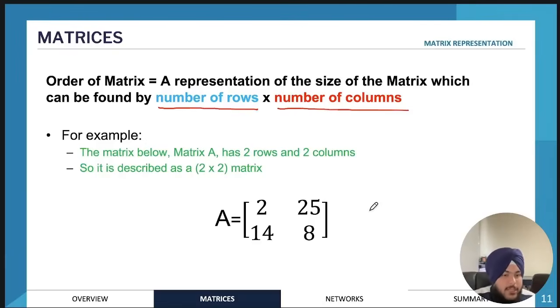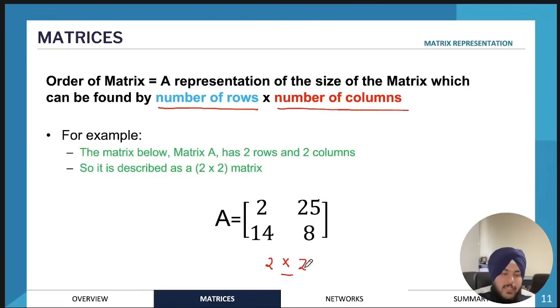So for example, in this matrix over here, which is the exact same matrix, if we were asked to find the order of this matrix, all we would need to do is write down the number of rows. This contains 2 rows, and then, not multiply that, but it's just a symbol that we use, by the number of columns.